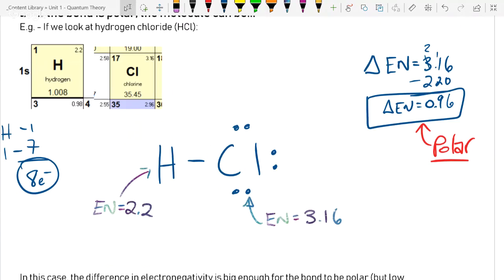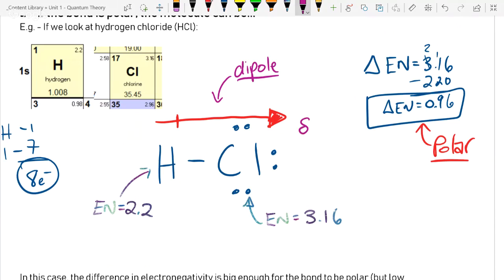Good. Now, which one has the stronger pull on electrons? Chlorine. Okay. And we show this on a Lewis structure like this. We draw a dipole. The arrow points towards where the negative is.